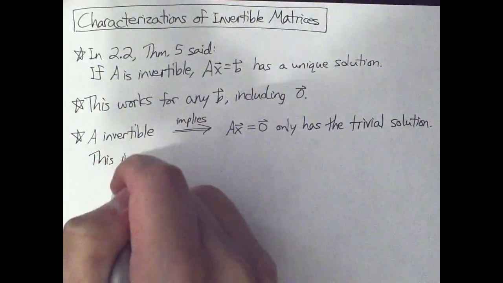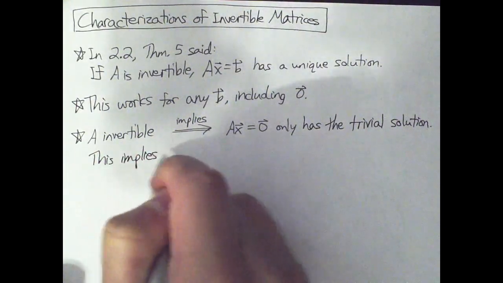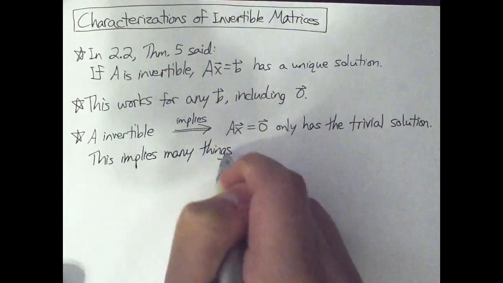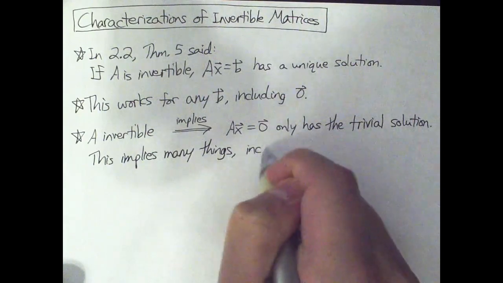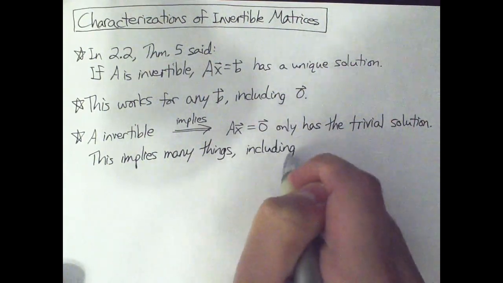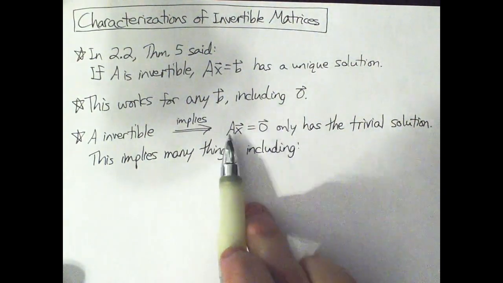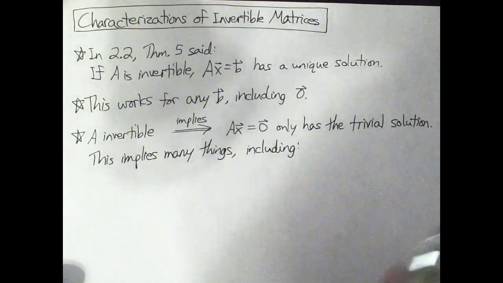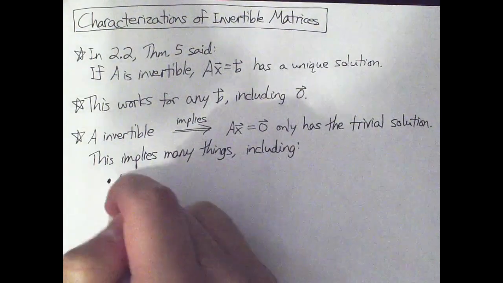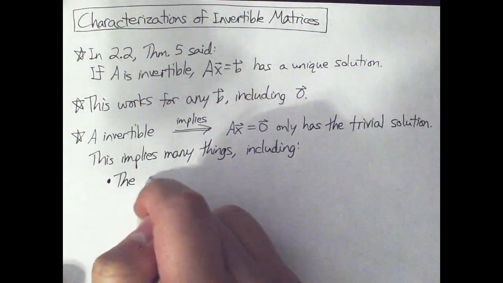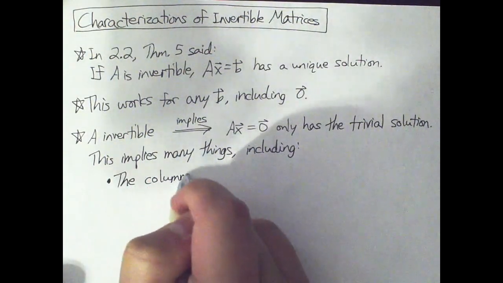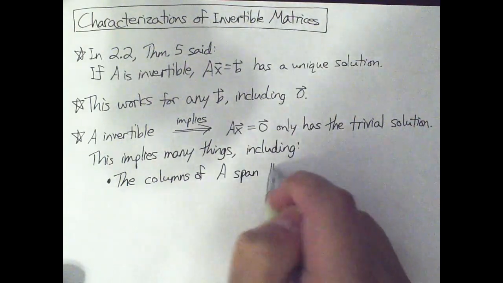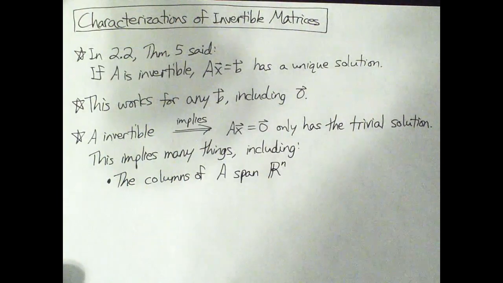Now, this implies many things, including, if AX equals 0 only has the trivial solution, this implies from things we've said in previous lessons that the columns of A span Rn.